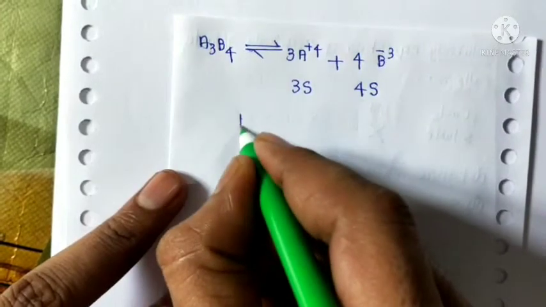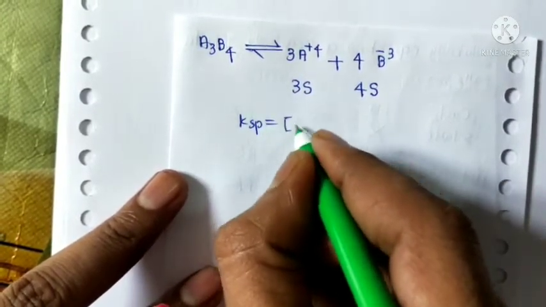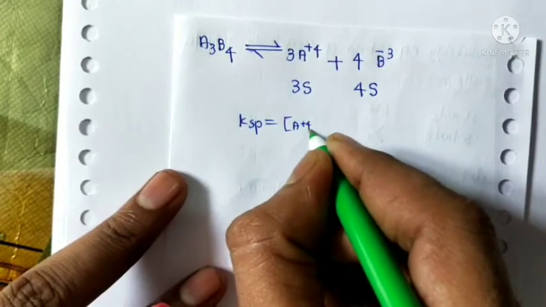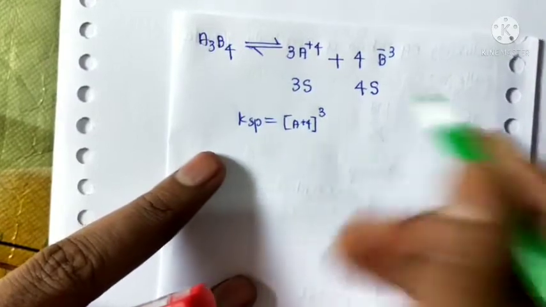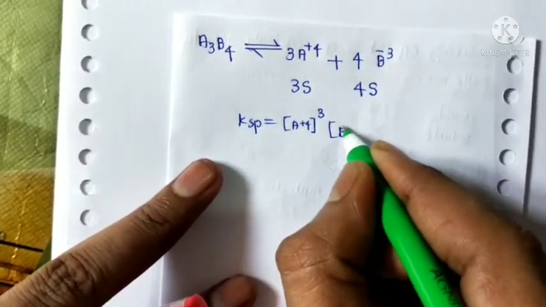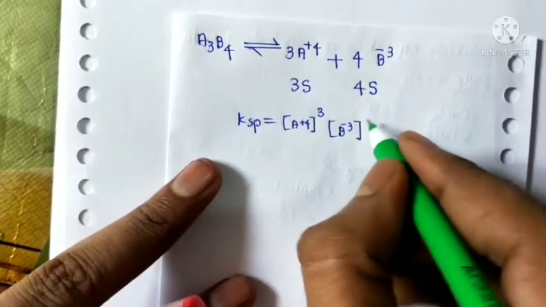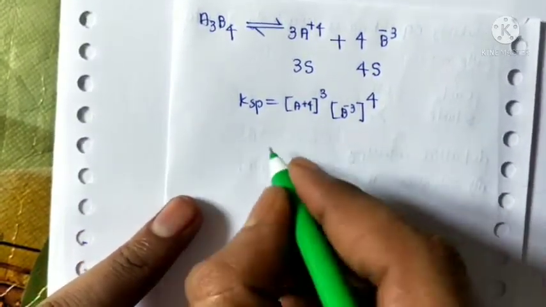Now find out the KSP of this type of salt: concentration of A plus 4 ions with power 3, next concentration of B minus 3 ions with power 4.